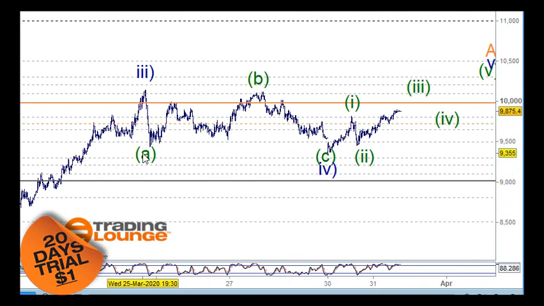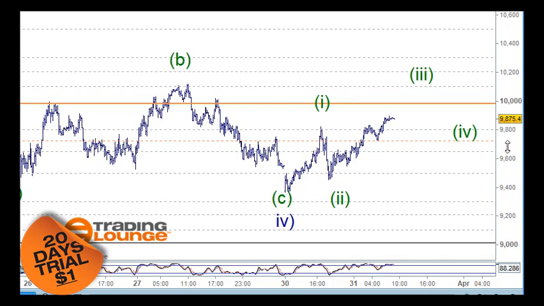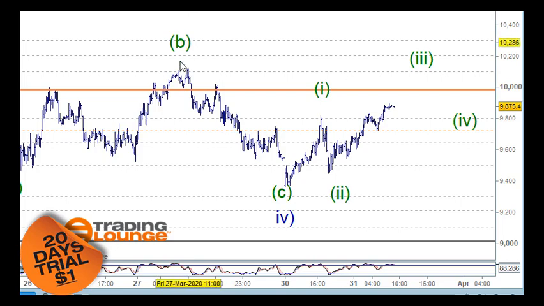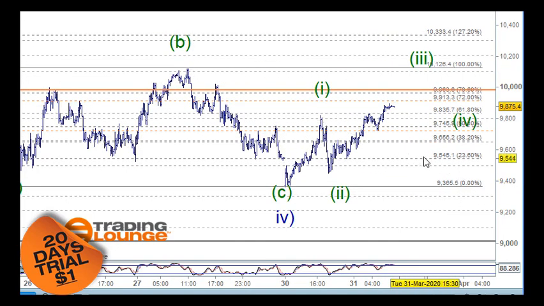So wave 3 here, an A wave, a B wave, a C wave here. And this is the same as the FTSE as well. We really need to get from this high down to this low. We're at the 61.8% at the moment. I can see that this is wave 1 and 2 here, and then this would be the third wave with 1, 2, 3, 4 and 5.